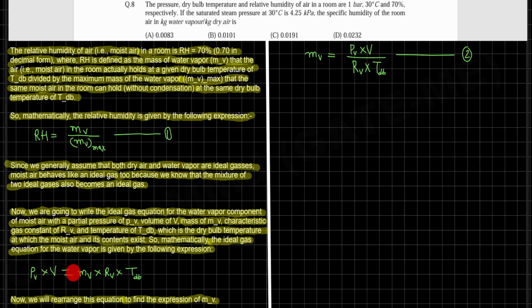After rearranging this equation, we have the expression of MV, which is the mass of the water vapor in the moist air.